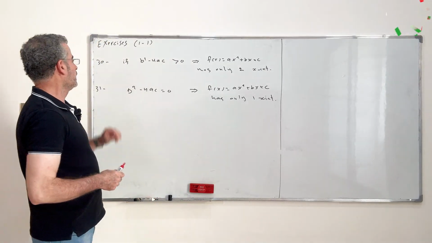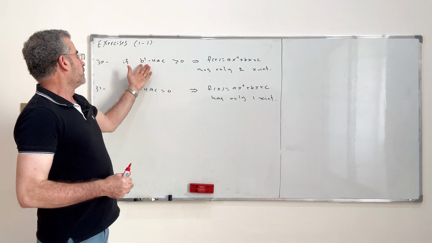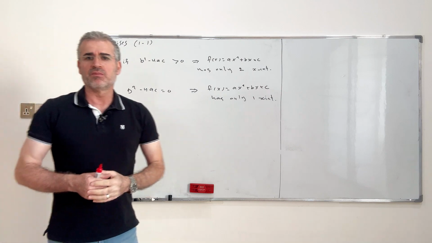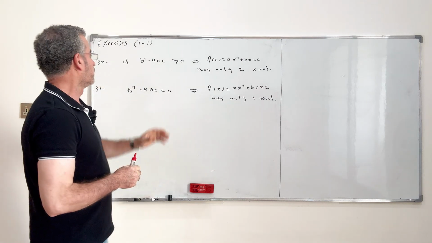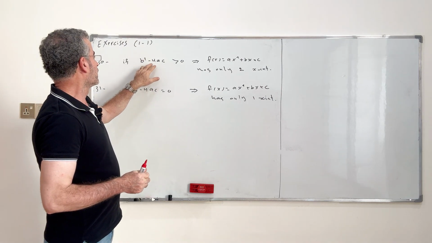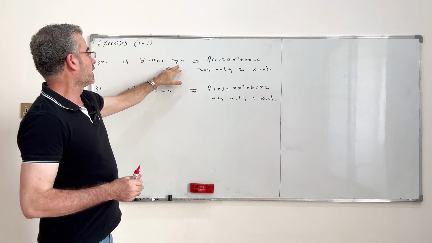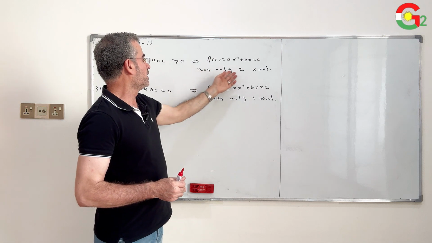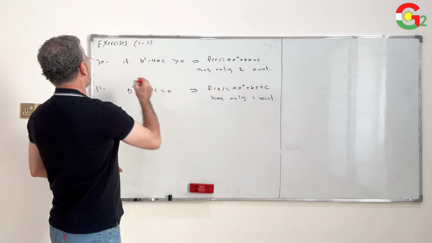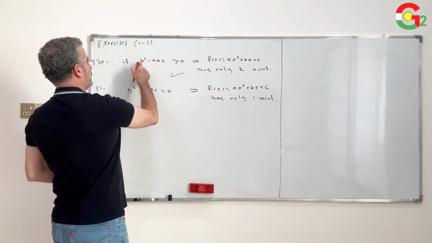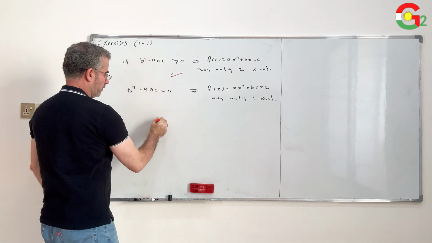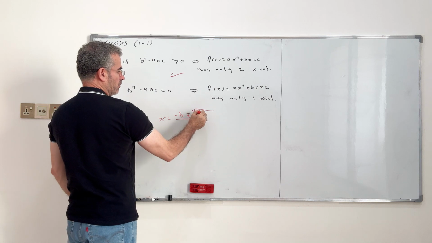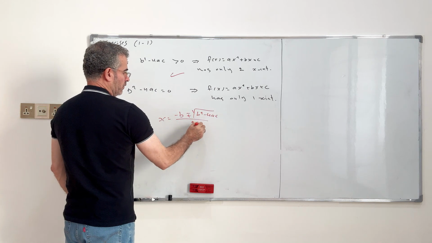Question number 30. If b squared minus 4ac is the term under the square root from the quadratic formula, and b squared minus 4ac is greater than 0, then f of x has only two x-intercepts. It is right. In the quadratic formula, x equals minus b plus or minus the square root of b squared minus 4ac, over 2a.